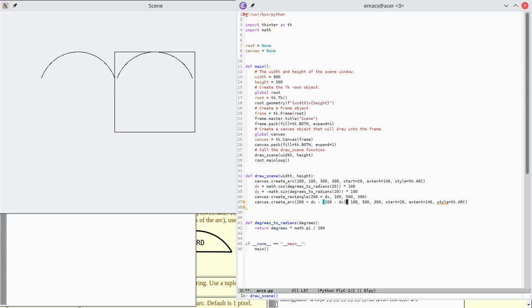Okay, and that's what I wrote before, but I changed my mind. It was actually right.